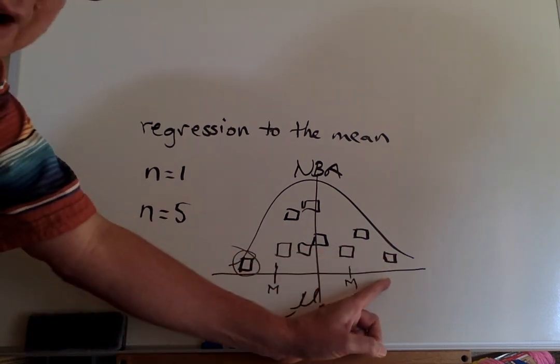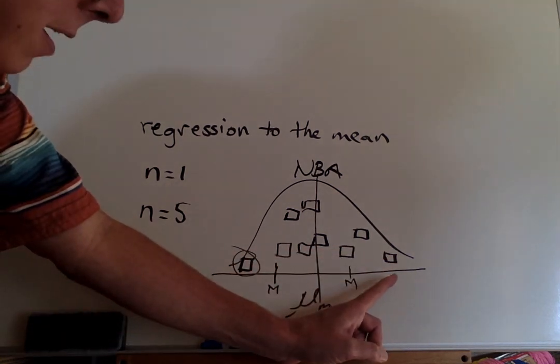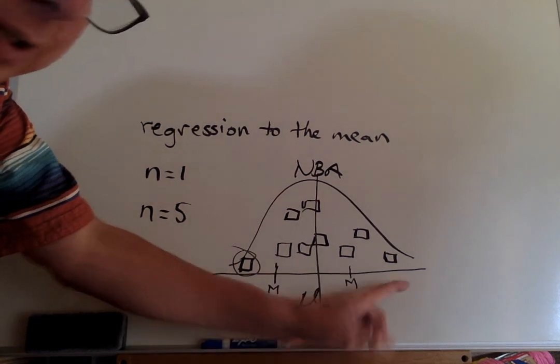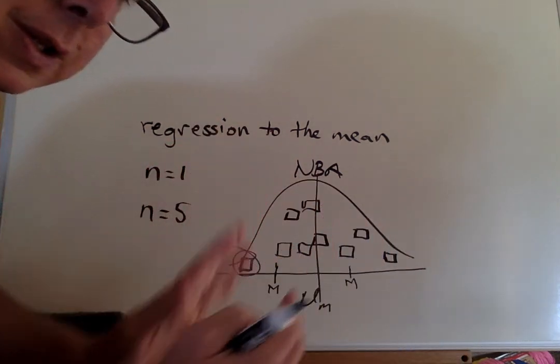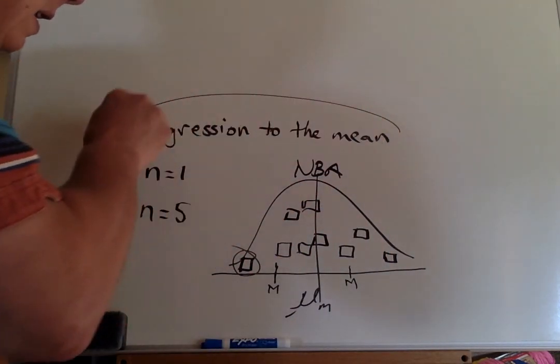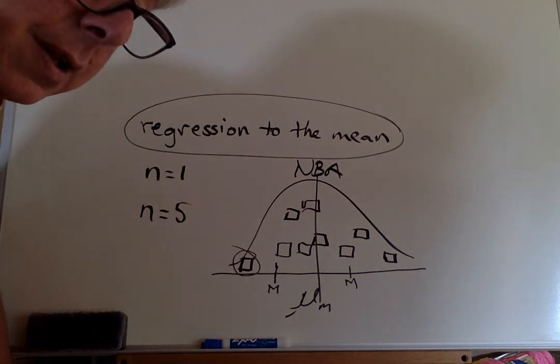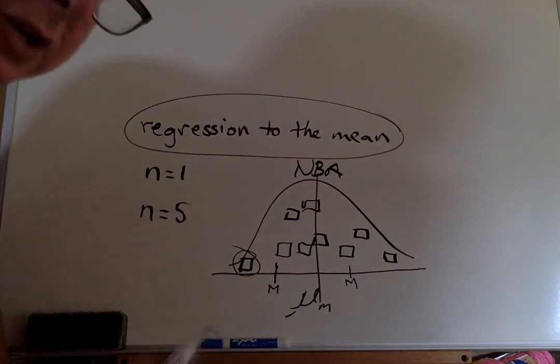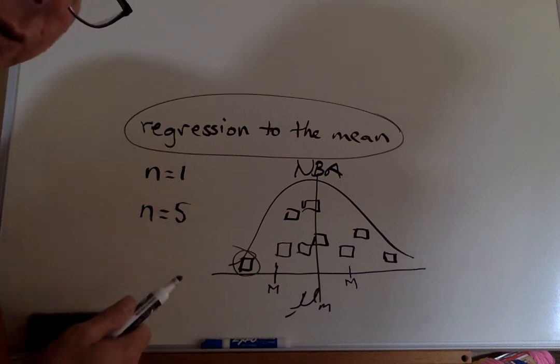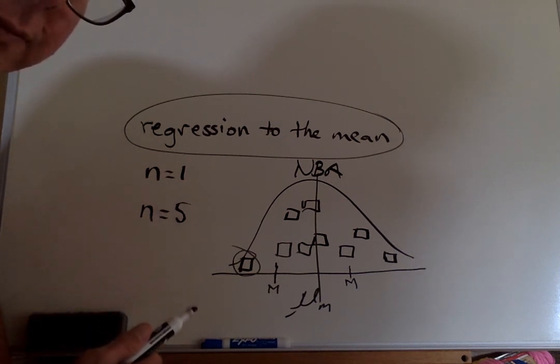The mean for LeBron James' team is never going to be as good as the best player. Things come inward. This is why it's more difficult to find a superstar team than it is to find a superstar individual, because it's regression to the mean. Okay?